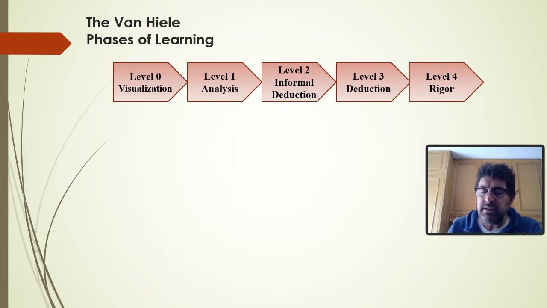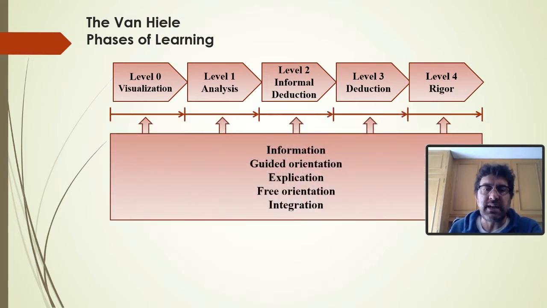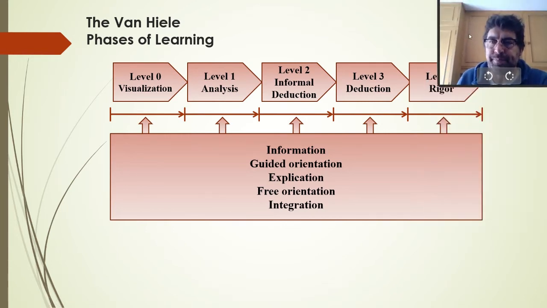Now, in their argument, the Van Hieles are saying that in each of these levels, the phases of learning don't split up, so information doesn't belong to level 1 and guided orientation to level 2 and so forth. In each of these levels, progression happens if you go through the 5 phases of learning that they are proposing.